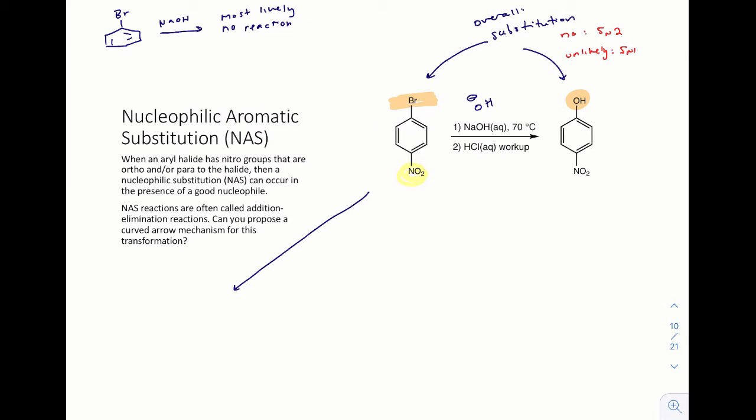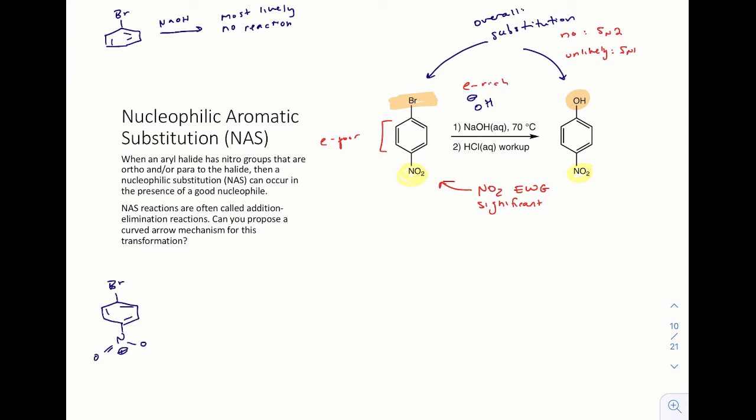So this nitro group is playing a role here, which makes sense since hydroxide is electron rich. If the ring is reacting with it, it is likely because the ring is electron poor. And in fact, hydroxide adds to the ring precisely because the nitro group can accept electrons. Whoa, a lot of arrows, I know. We might not go to this most stable resonance structure first, but once you get the hang of it, you will.